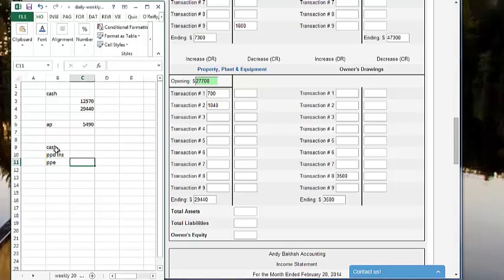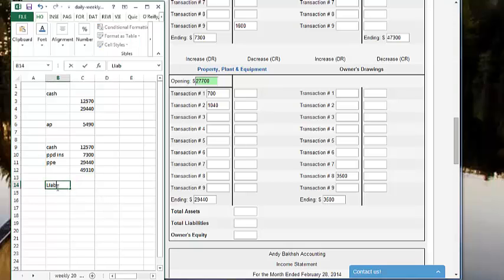Property, plant, and equipment is 29,440. Prepaid insurance, 7,300. Cash was 12,570. For total assets of 49,310. Total assets.